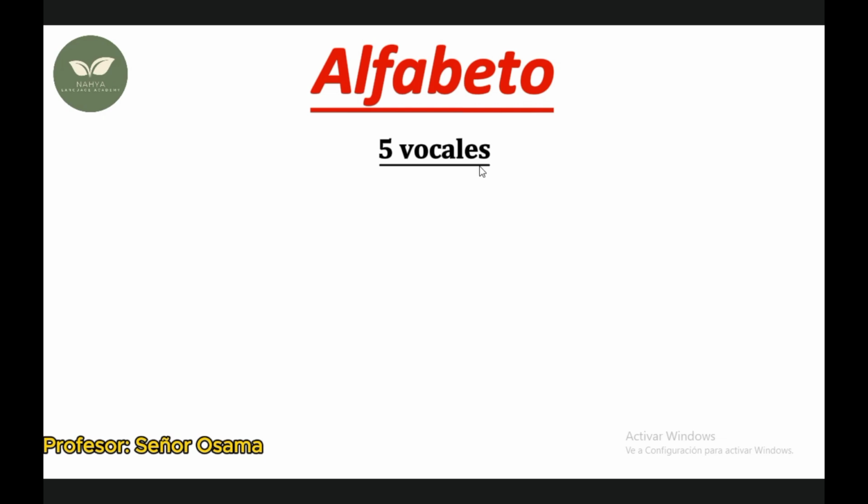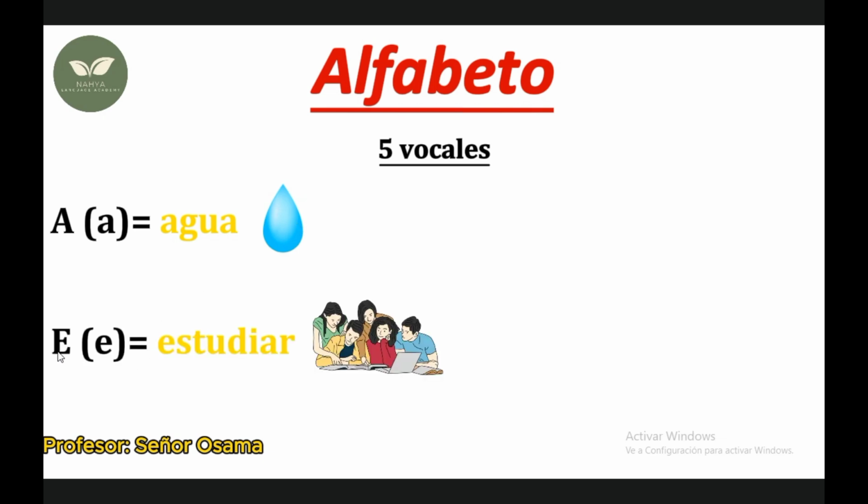The first one is the vowel A. In English we say ay, but in Spanish we say a, like this. And we find this in the example of agua, which means water. So the next one is E. We don't say E as in English.